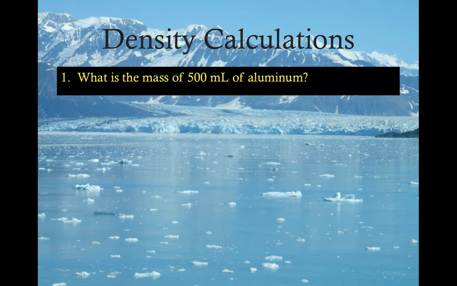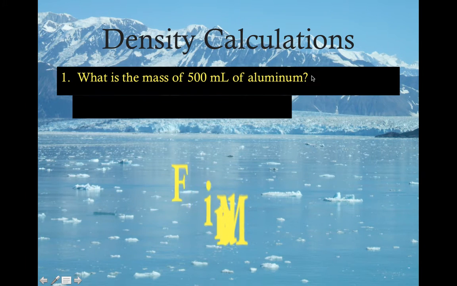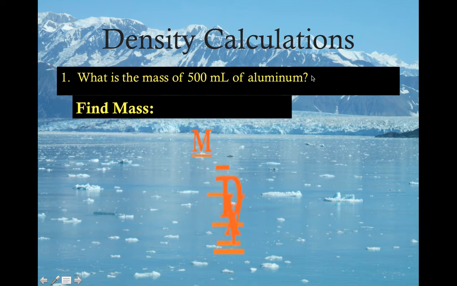So it says, what's the mass of 500 mils of aluminum? Now, right there it says mass. So M equals D times V. 500 milliliters is our volume. We're not given a density, so we go to our periodic table, look up aluminum. So any element on the periodic table, we can get the density from the periodic table. We write down our formula.